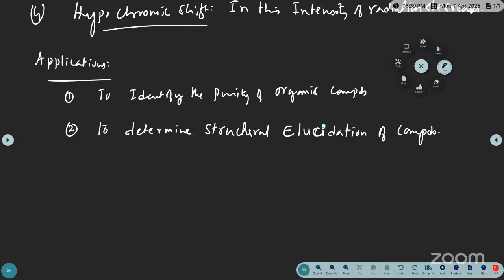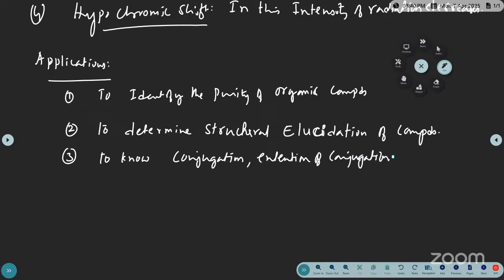Okay. And next, to know the conjugation and extension of conjugation.